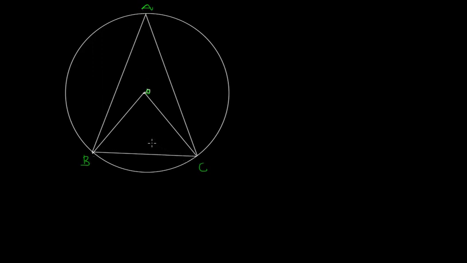The only difference between the two triangles is that this one is being formed at the center, while this one is running up to the circumference of the circle. So which angle do you think is bigger, just by a visual inspection?